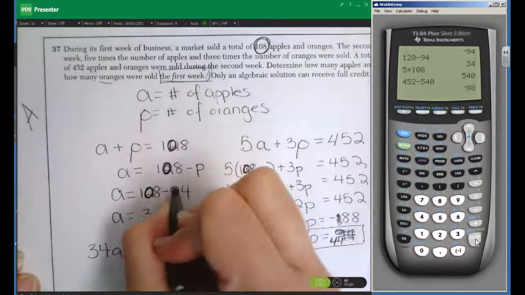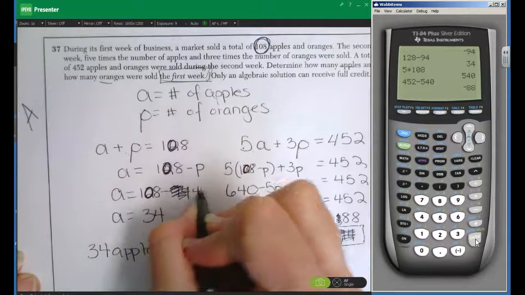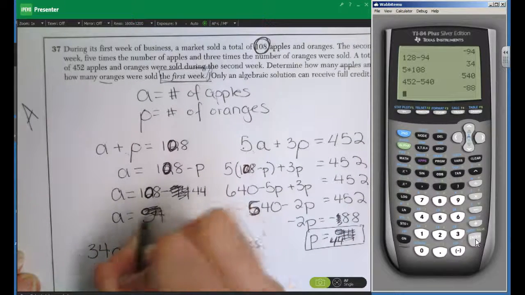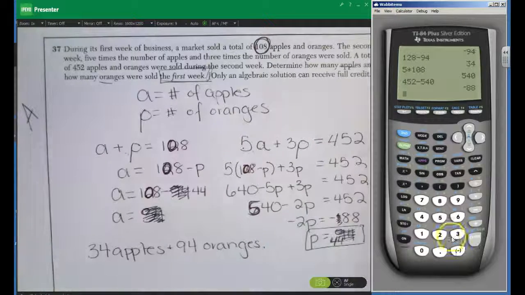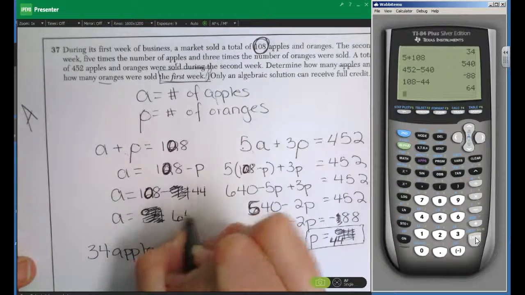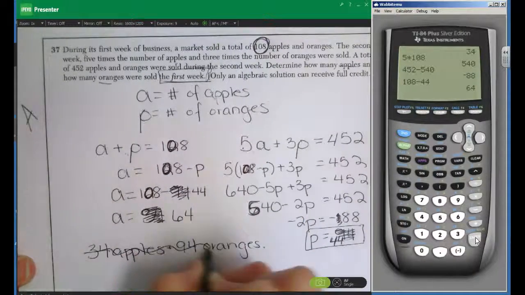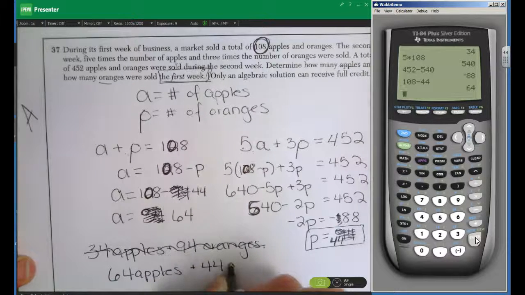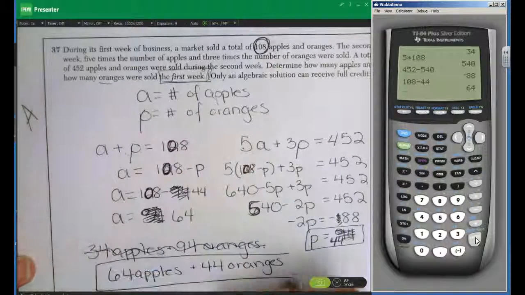So that means this is supposed to be 44, which means this is supposed to be 64. Wow. 64 apples and 44 oranges. That was a lucky catch.